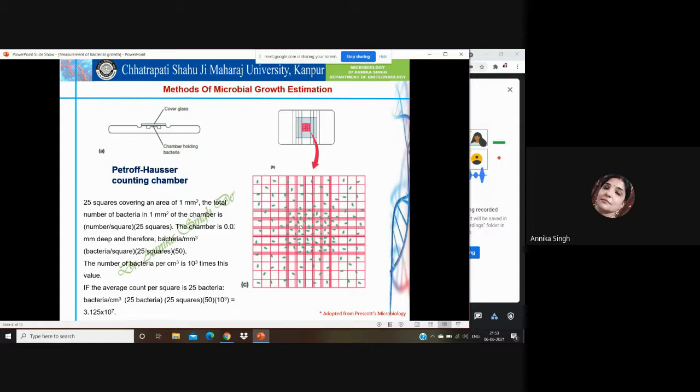This chamber is not only 1 mm in length and 1 mm in width, but it is also 0.02 mm deep.